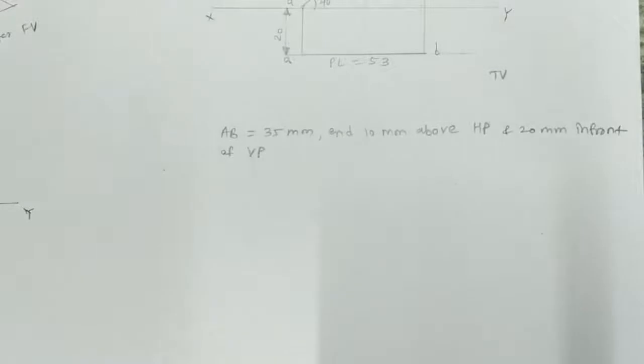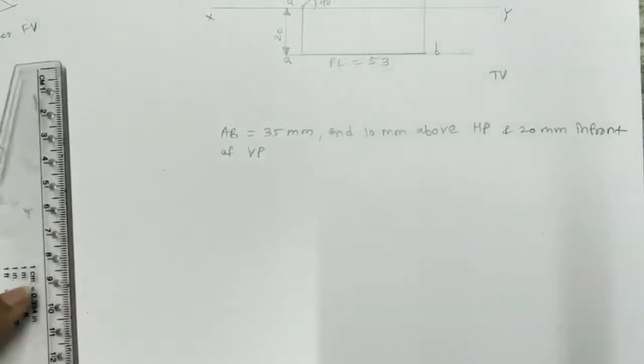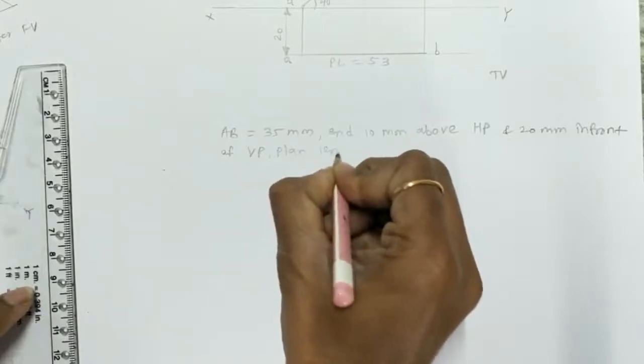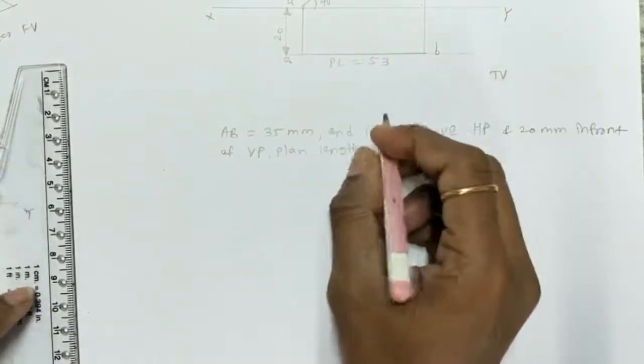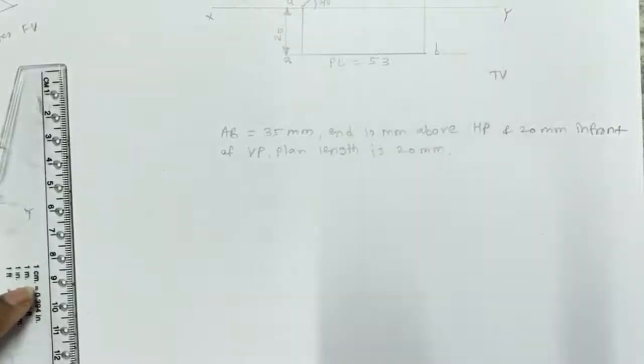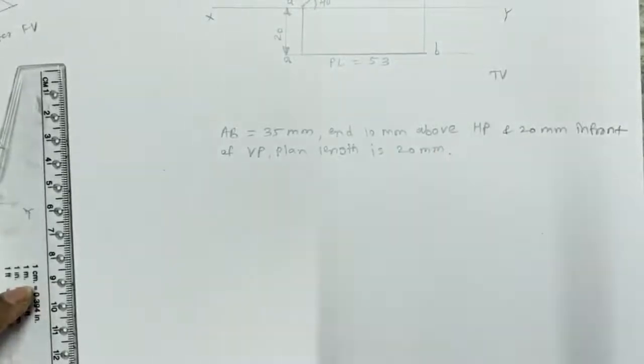And plan length is 20 mm. Draw projections. Line is parallel to VP given. I will read the example again.